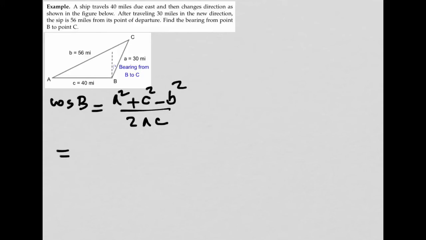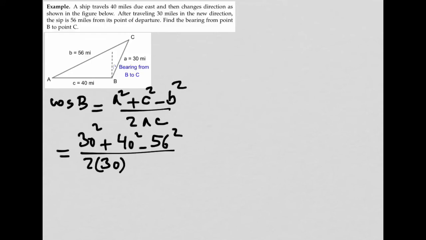That is 30 squared plus 40 squared minus 56 squared divided by 2 times 30 times 40. And that's equal to minus 0.265.